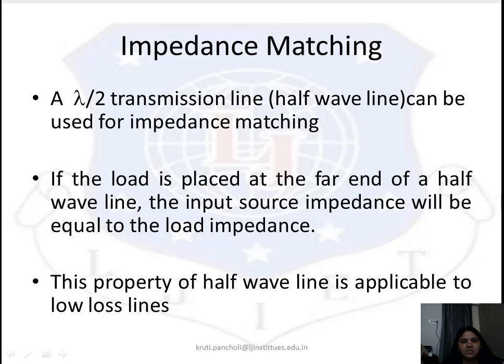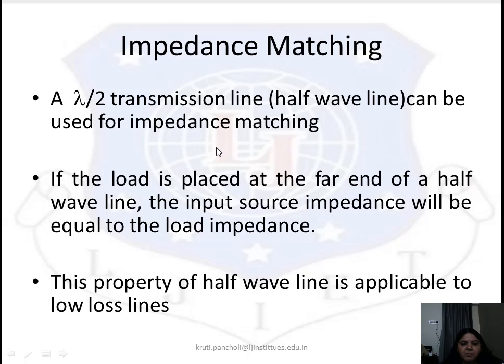At a new wavelength, the quarter wave section will no longer be lambda by 4 in length, and in such cases two or more stages of lambda by 4 line may be required to increase the range of frequencies for impedance matching. Therefore, a lambda by 2 transmission line can also be used for matching.